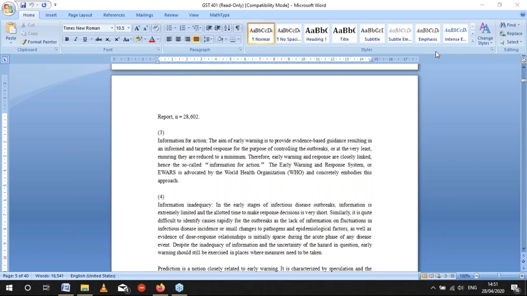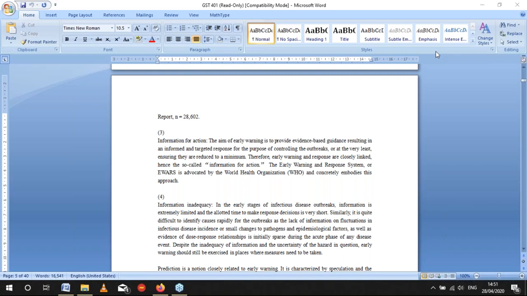The last one under the characteristics is information inadequacy. There is no amount of information that will be given that will ever be adequate. Not everybody will get a link to such information.